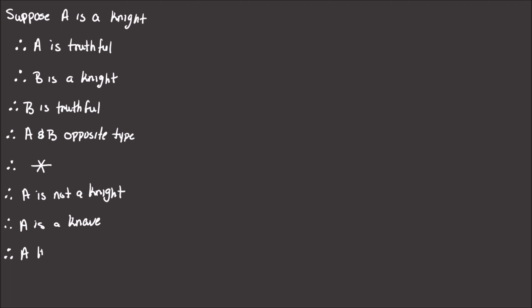So A lies. This means that B is not a knight. Again, since there are only two types, this means that B is a knave.